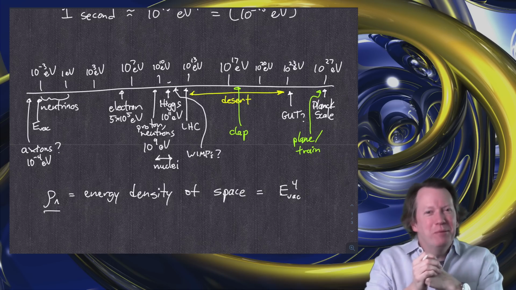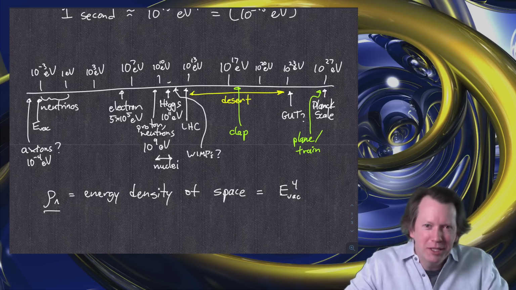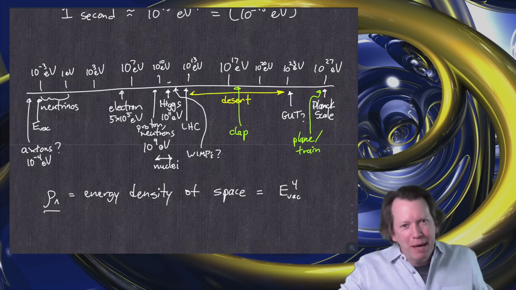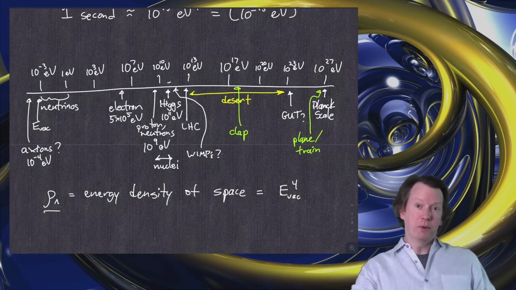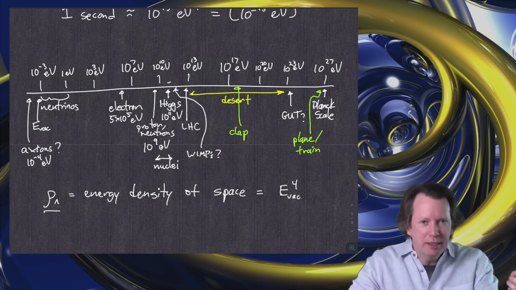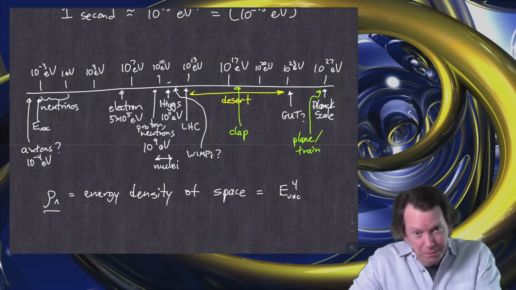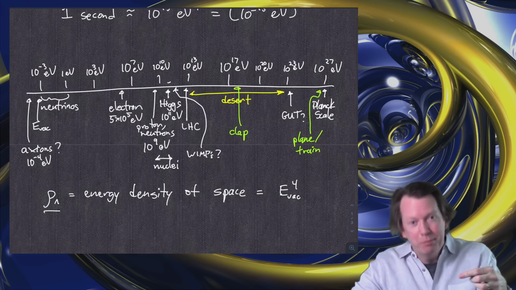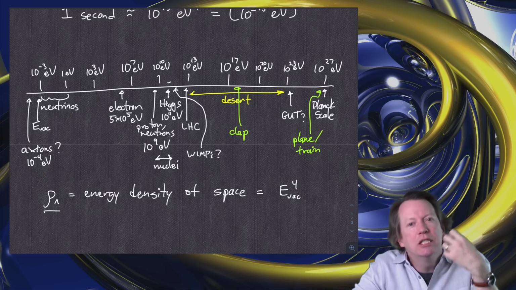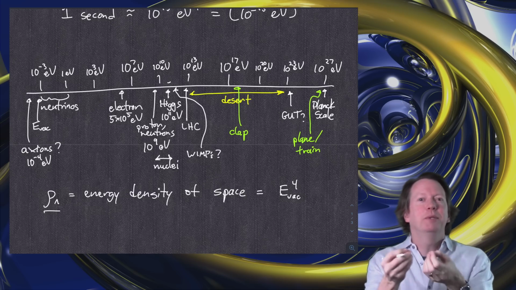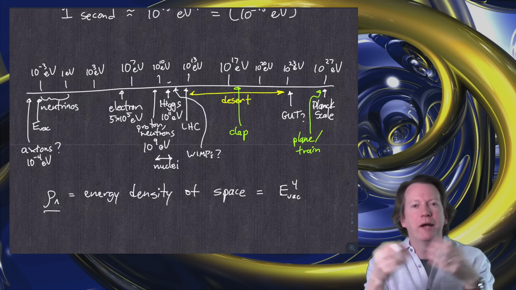So you might be wondering, like, why did we spend $9 billion to accelerate particles to these energies when I can create much more energy just by clapping my hands? The answer, of course, is that the amazing thing about the LHC is not that the energies are high, but that they are packed into a single particle. Likewise for the Planck scale up here, the amazing thing is not that the energy is just enormously big, but that it is perhaps packed into a single particle, or at least packed into a single energetic event.